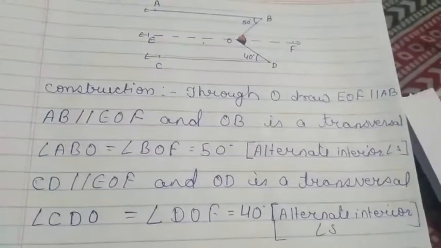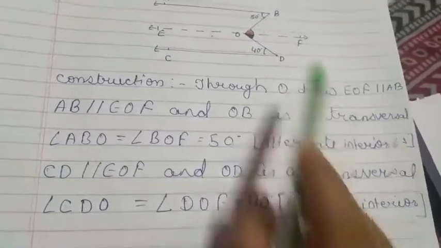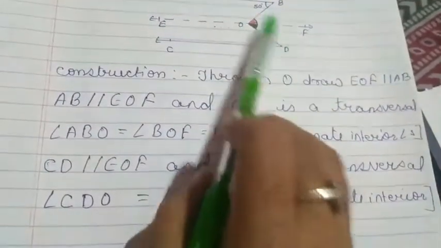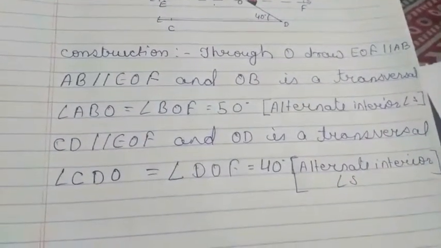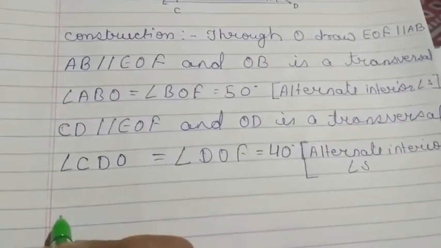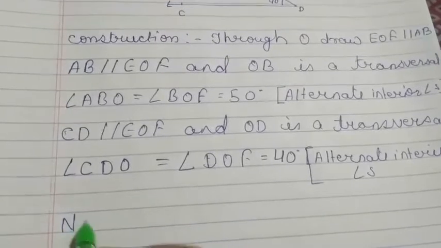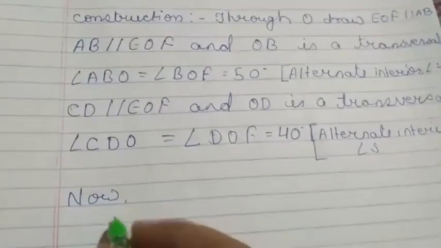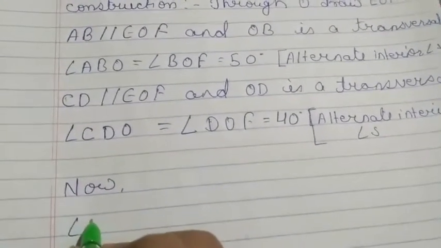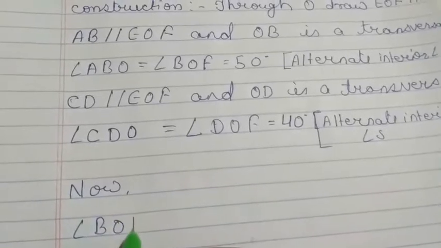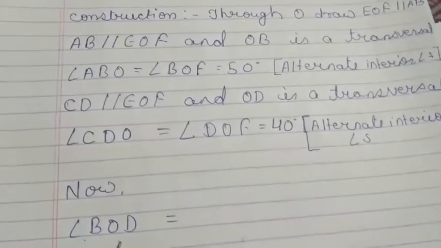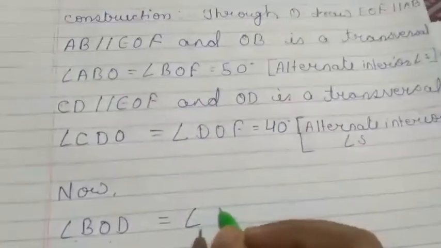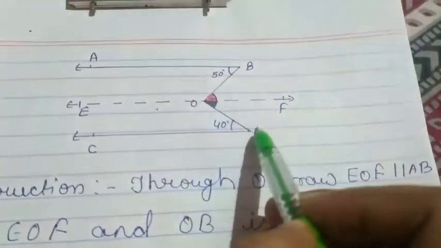Okay, and now your question is required that you have to find out BOD, full angle you have to find out. So just write it here. Now angle BOD is equal to, so BOD, you have to find out BOD.